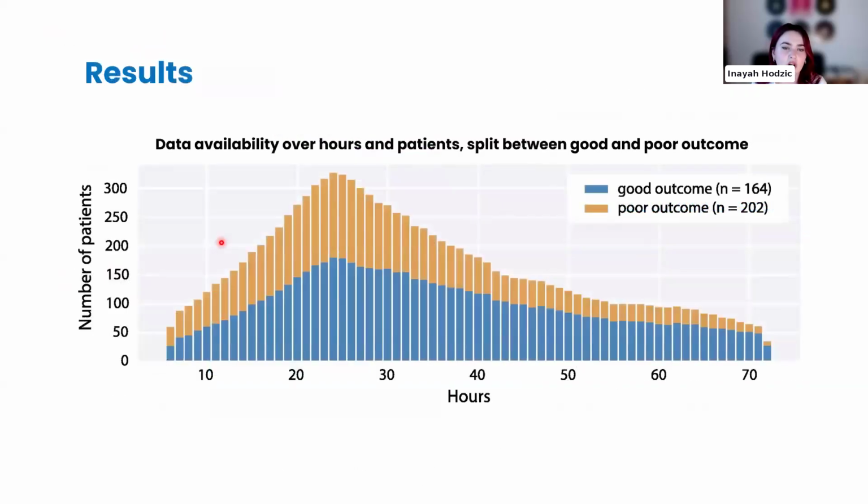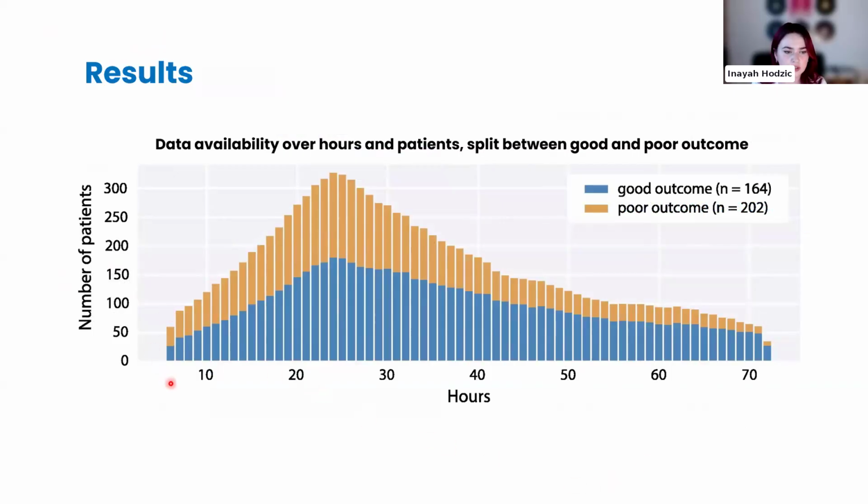So this is a graph of the distribution of the data, or the data availability, over the different hours, split between good and poor outcome patients. As I mentioned before, we had about 366 patients in total, of which 164 had eventual good outcome and 202 had poor outcome.